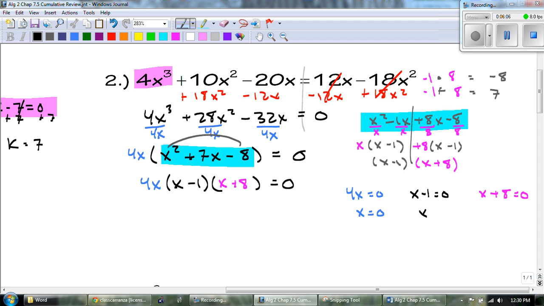Our middle one, we would have to add 1 to both sides, so we get x equals 1. And our last one, in pink, we would have to subtract 8 from both sides, and we get that x equals negative 8. So my three final answers in numerical order are negative 8, 0, and 1.